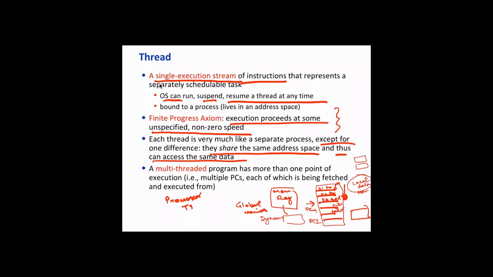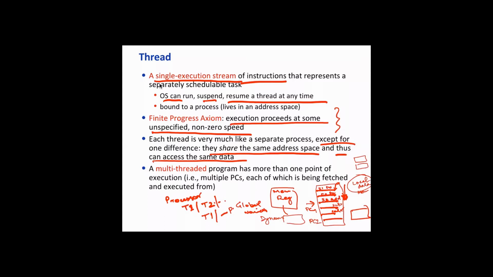Let's assume first thread T1 is running. After some time, the OS context switches and moves thread T1 out, saves its state somewhere, and then runs thread T2. Then maybe it will continue to run for some time, then again context switches to, say, T1 or some other thread or some other process, because threads are within processes and multiple processes are running.